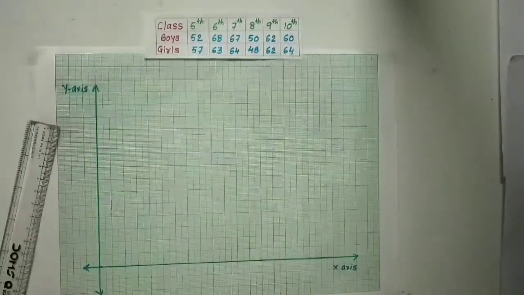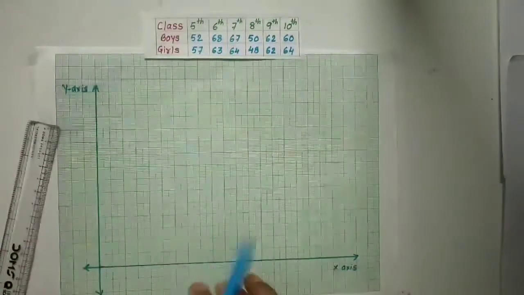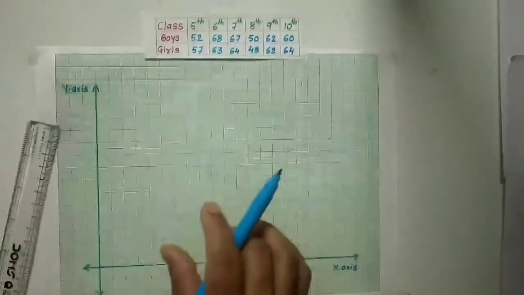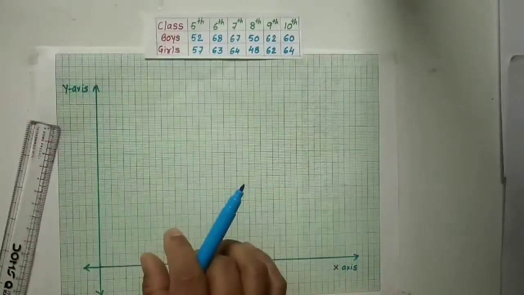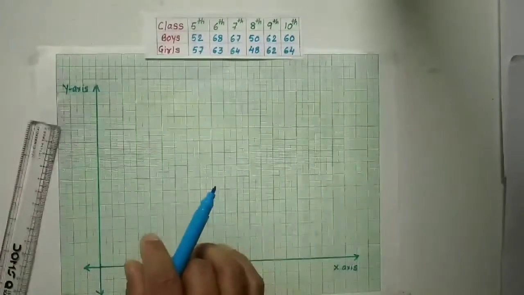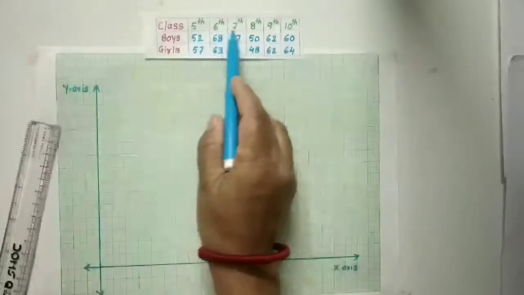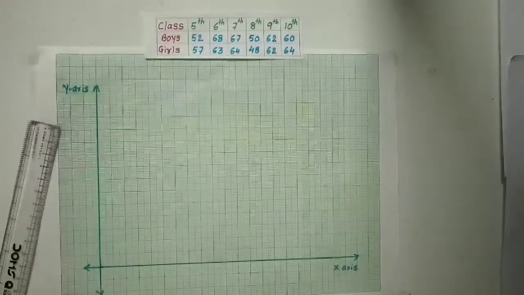Now, keeping the distance between two sets, bar graph means we are going to draw two bars together. So we'll keep the same distance between two bars, and we are going to show the 5th to 10th standard classes on the x-axis.